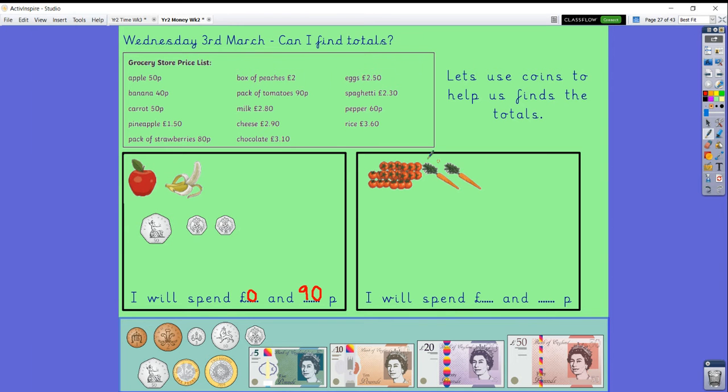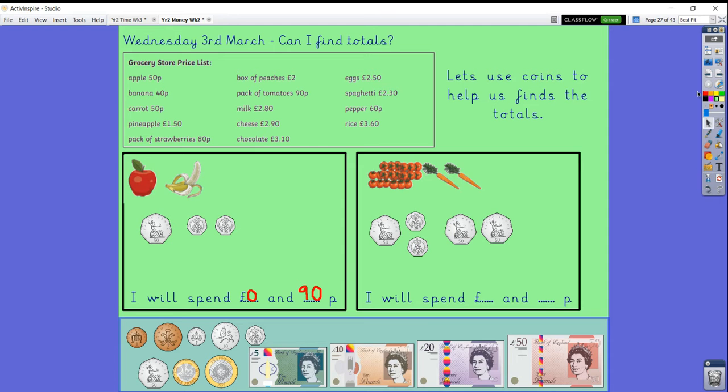Okay, so this time I have got some tomatoes. So a pack of tomatoes is 90p. So, oh look, I've spent 90p over here, so I'm going to copy making that. So I've got 90p, so I've got 50, 60, 70, 80, 90. And I need 2 carrots. So that's a 50p and a 50p.